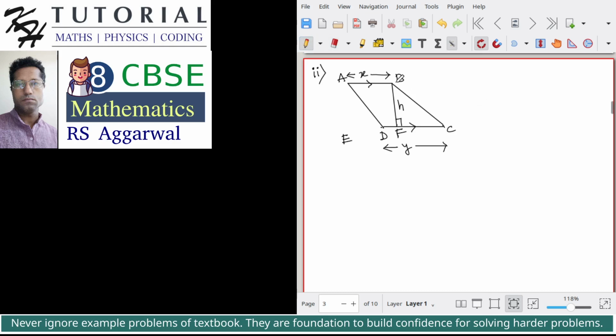Let's extend the side AB and we draw a perpendicular from the vertex C on the extended side AB. So this is perpendicular. Let's say this be E.